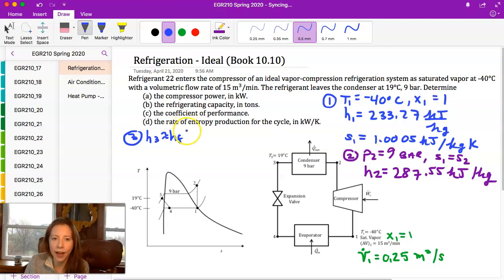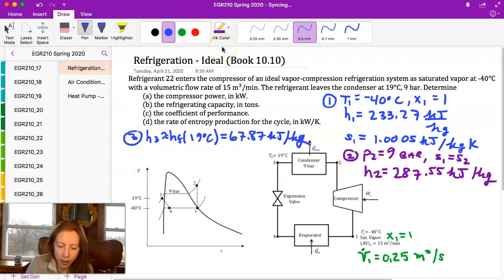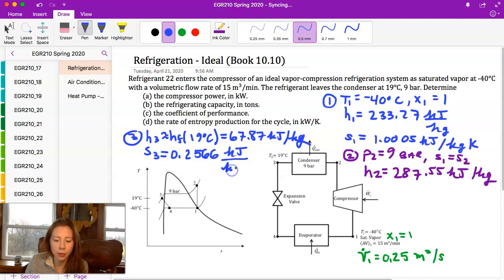So HF at 19 degrees Celsius is going to be 67.87 kilojoules per kilogram. And we also know that S3 is going to be 0.2566 kilojoules per kilogram Kelvin, just from the tables.